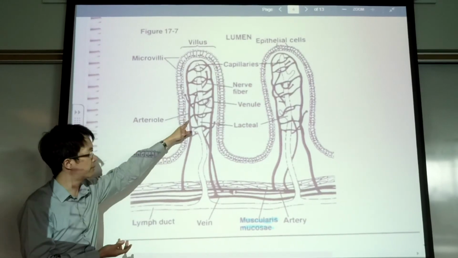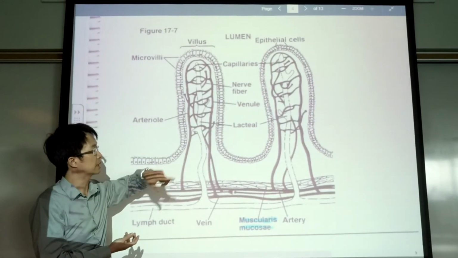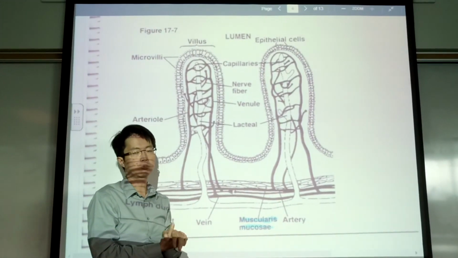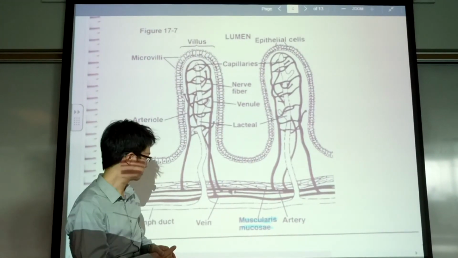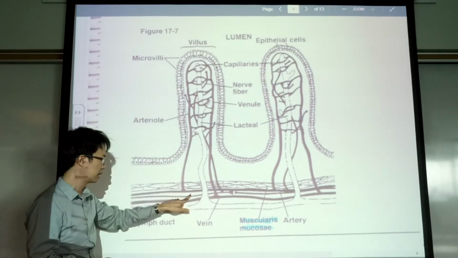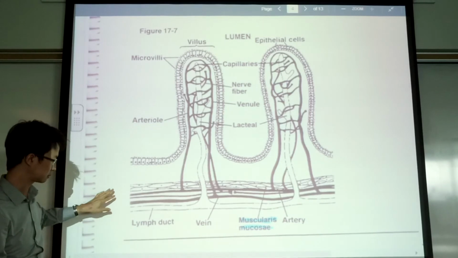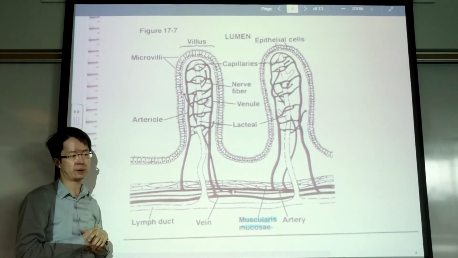And then capillaries surrounding the lacteal in the villi are the ones that absorb glucose and amino acid. And then after this, they will carry the nutrients to connect to the hepatic portal vein.